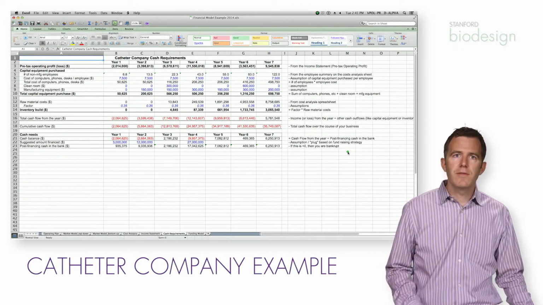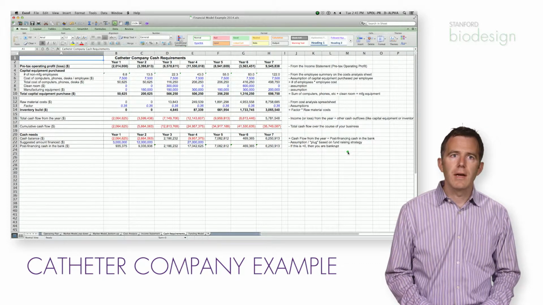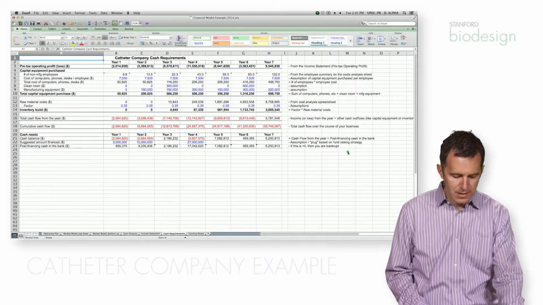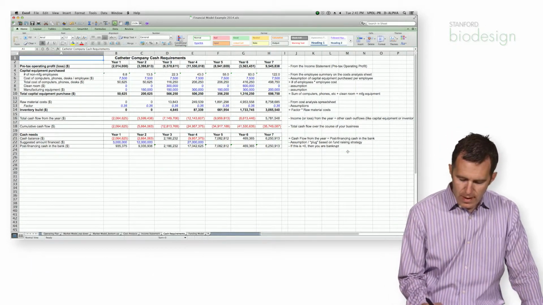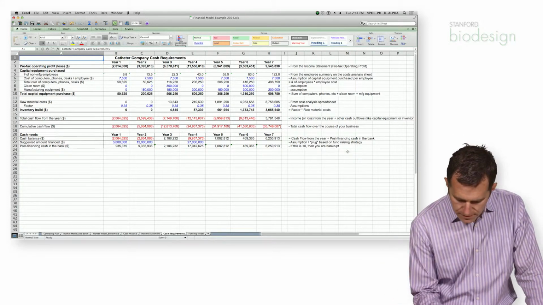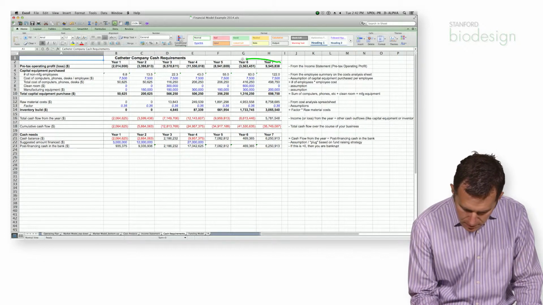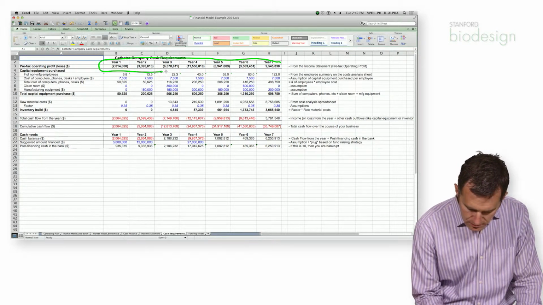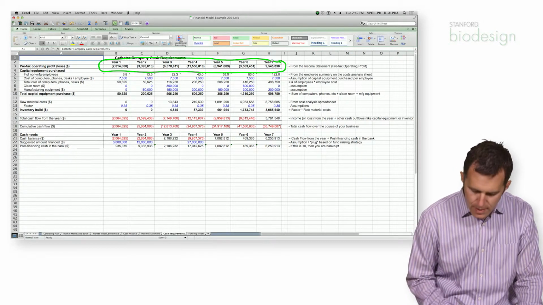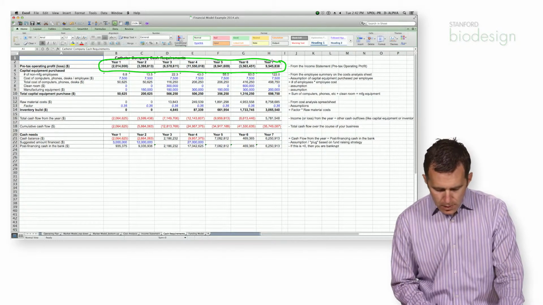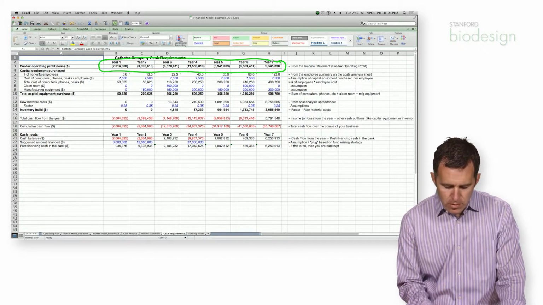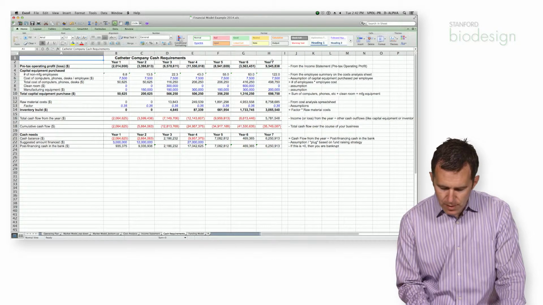The most critical piece of information to determining what your cash needs are is that operating profit and loss that we looked at on your income statement. First thing you do is go ahead and pull in this information here on the top line. This will be the source of most of the cash that you actually require.